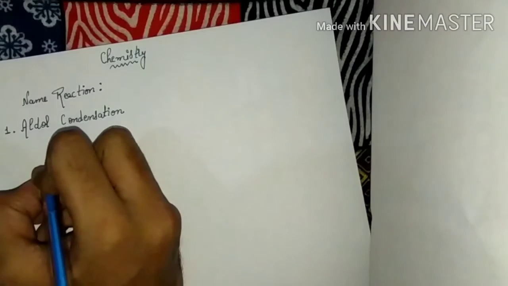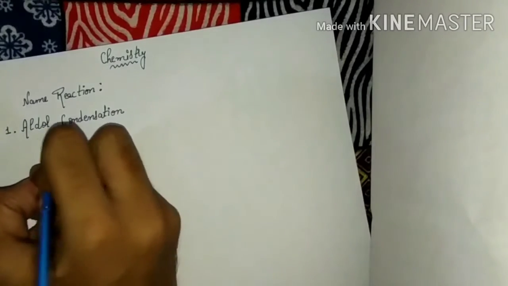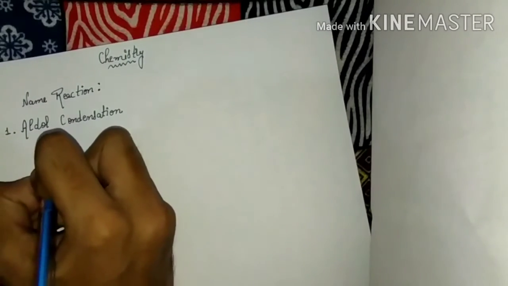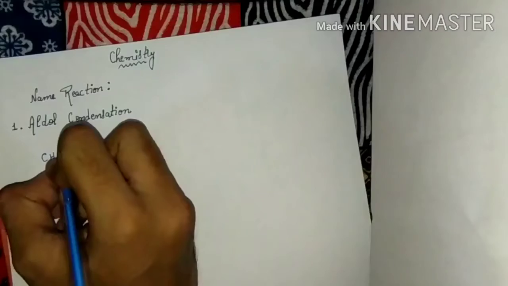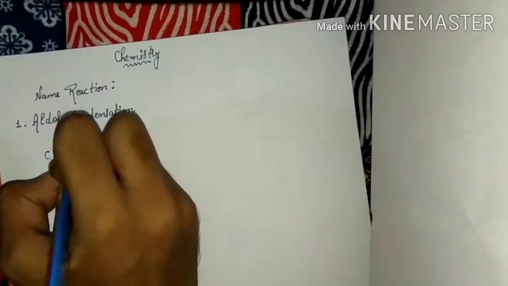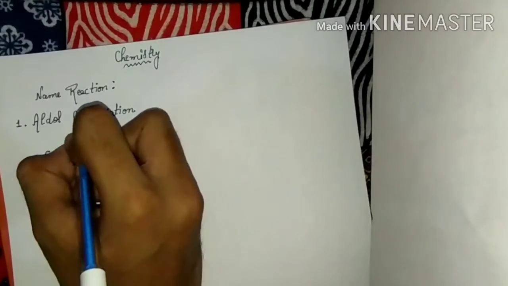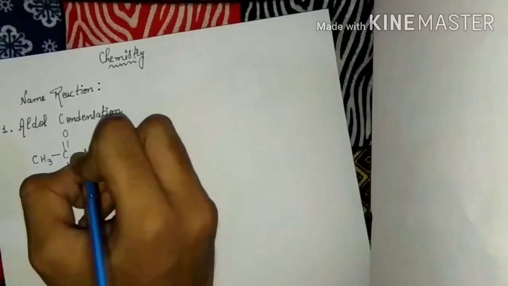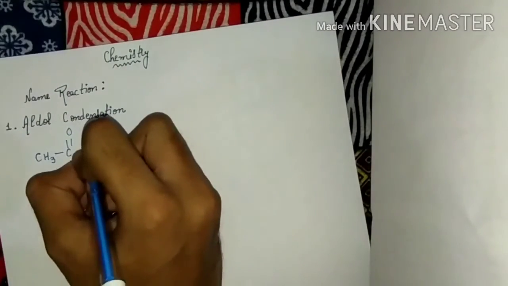I would suggest you always use different colors of pen while you are studying chemistry. So I am making two molecules of acetaldehyde. This molecule I will be making like this, plus one more molecule.